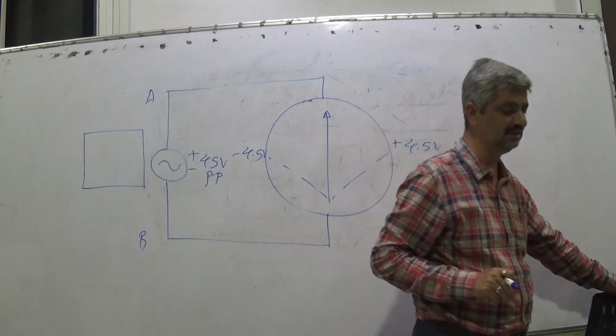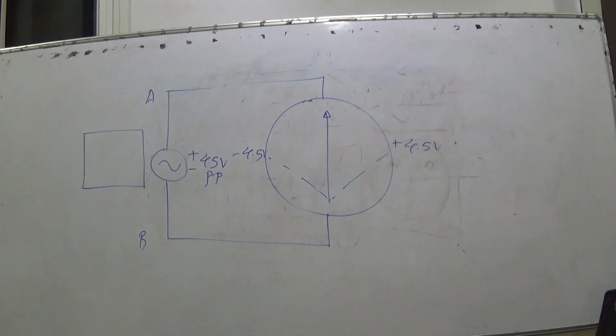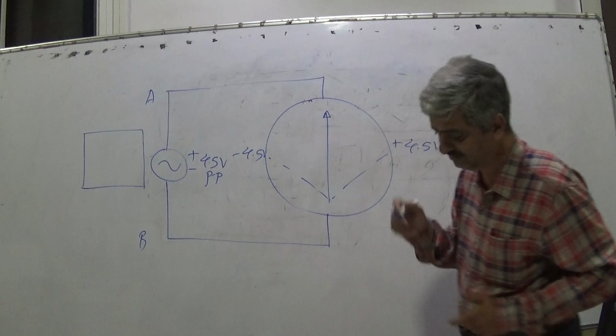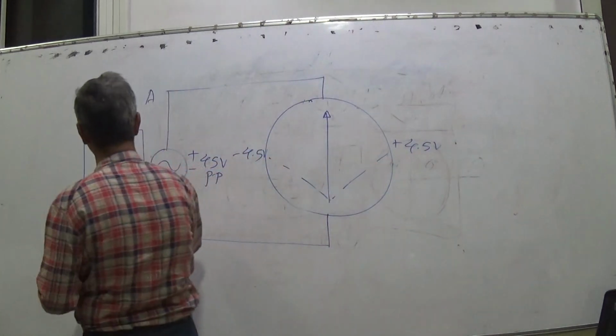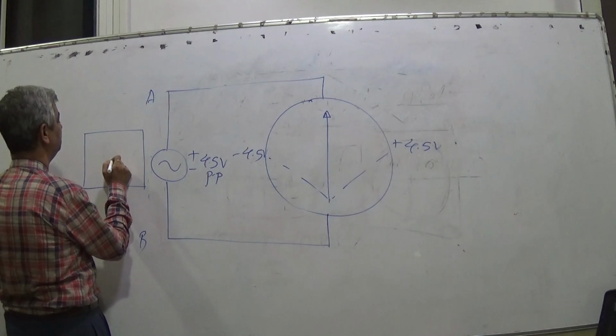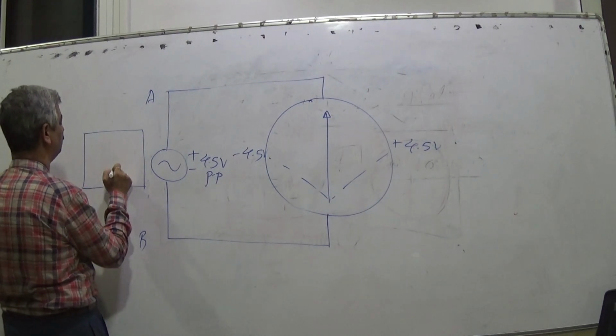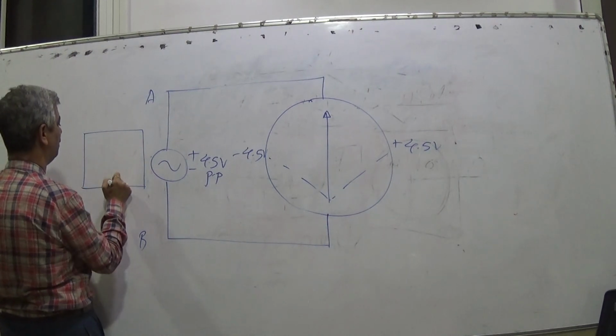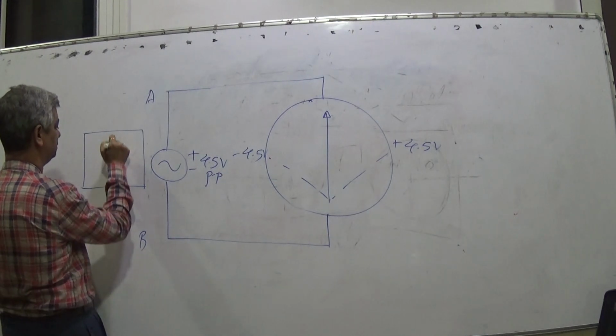If CRO is in XY mode, where you don't connect the other input, only connect one input, in that case the voltage is shown by a point on CRO, and when voltage increases, it will move up, it will move down, move up, move down continuously.